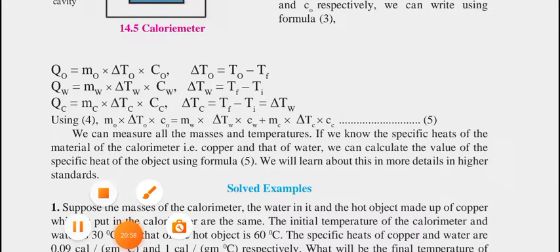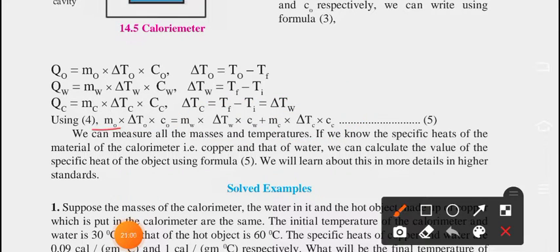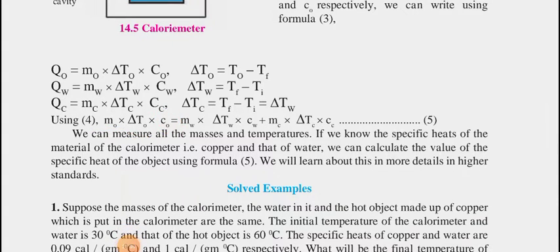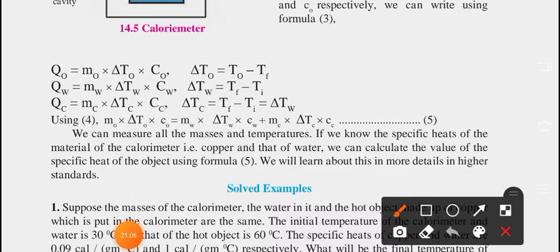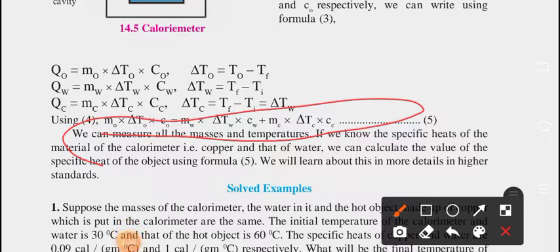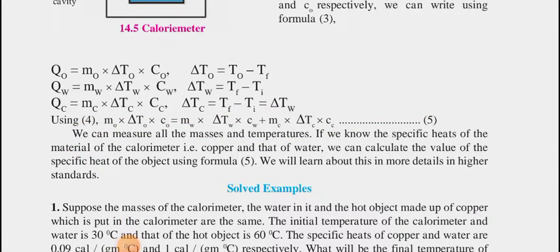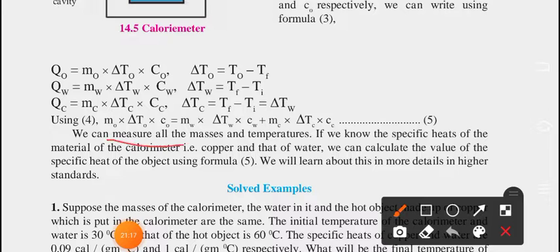So we can go ahead with this formula. This is mass, this is change of temperature, and this is the calorimeter. So this gives us the idea to measure all masses and temperatures.